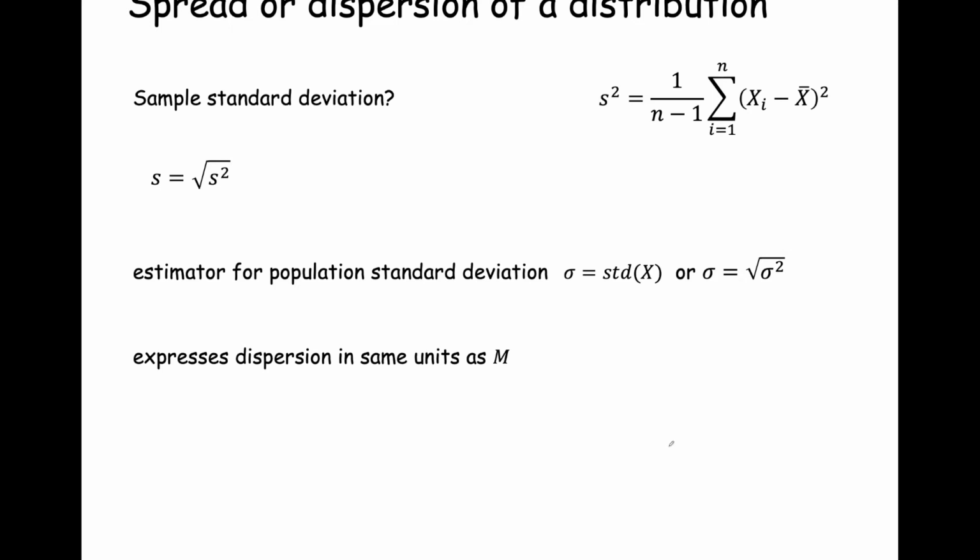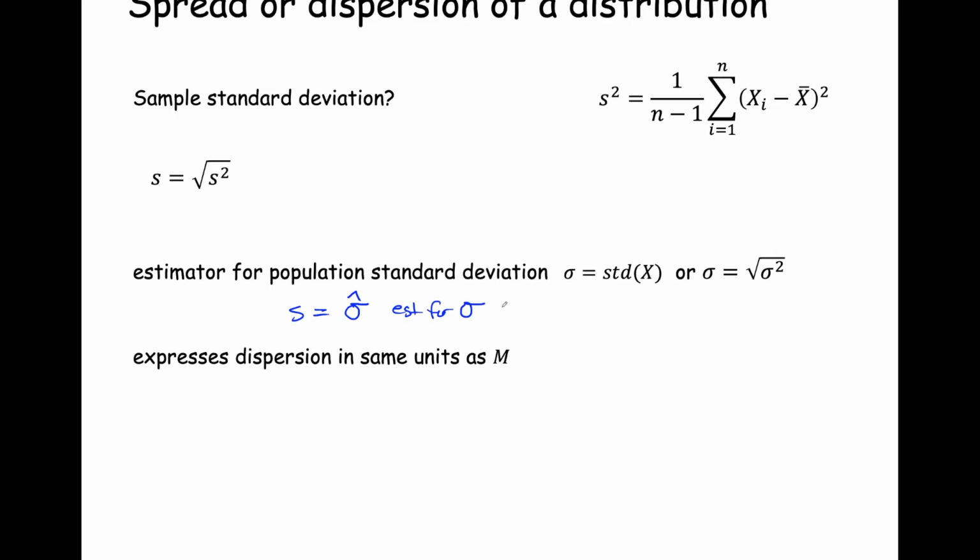And so this sample standard deviation is going to serve as an estimator for the population standard deviation. And so you could actually maybe note, if you chose to, that the sample standard deviation s is the same as sigma hat, where sigma hat is going to stand in place as an estimator for sigma.